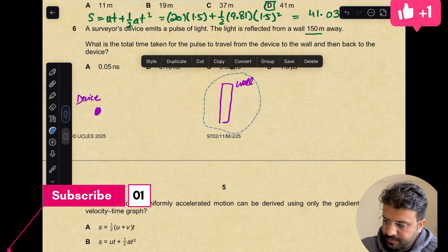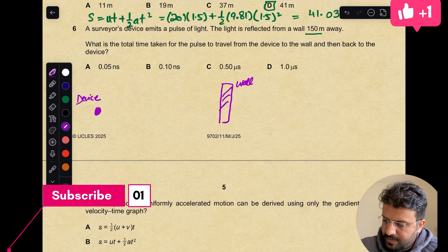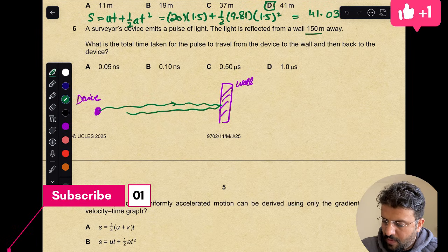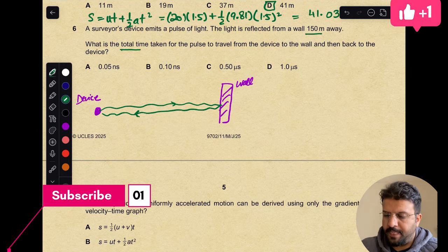This is a wall, and a pulse of light goes all the way from the device and comes back to the device after reflecting from the wall.